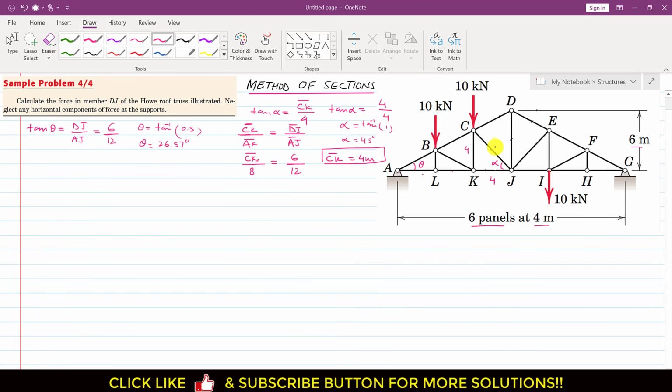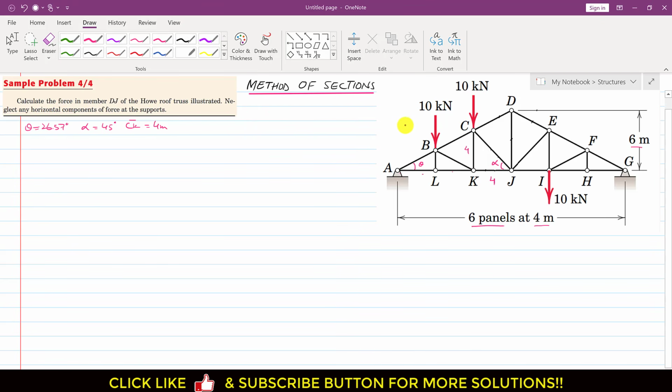So theta is 26.57 degrees, alpha is 45 degrees, and the CK member length is 4 meters.